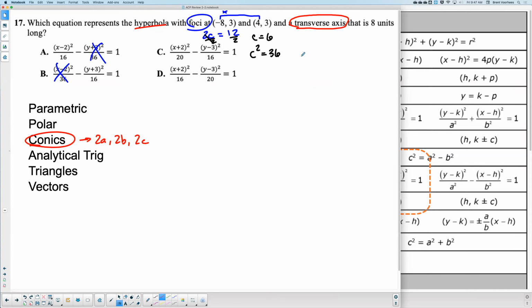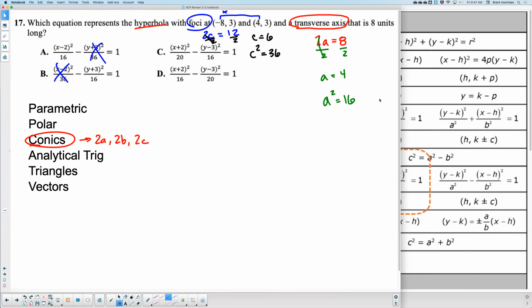Ooh, that's wrong. It's not 2B. It is 2A. Transverse is 2A. So now that we know 2A is 8, how do I get 1A? Divide by 2. So 1A is 4, and A squared would be 16.